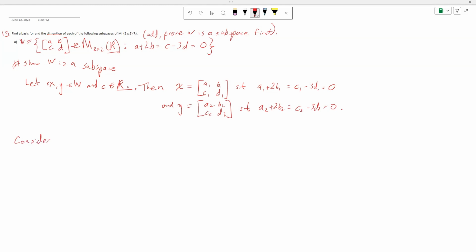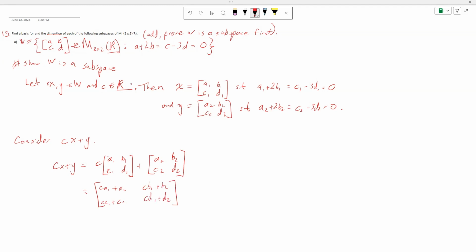Consider cx plus y. cx plus y equals c times (a1, b1, c1, d1) plus (a2, b2, c2, d2), which equals (ca1 plus a2, cb1 plus b2, cc1 plus c2, cd1 plus d2).